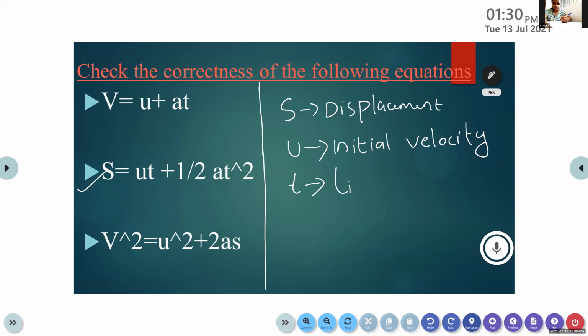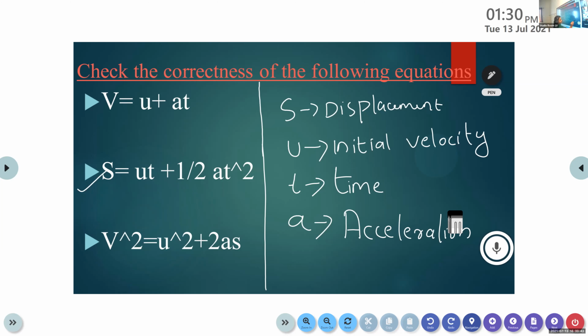Time. Okay, another term here is A. A is acceleration. Yes, acceleration. So here S is equal to ut plus half at square.